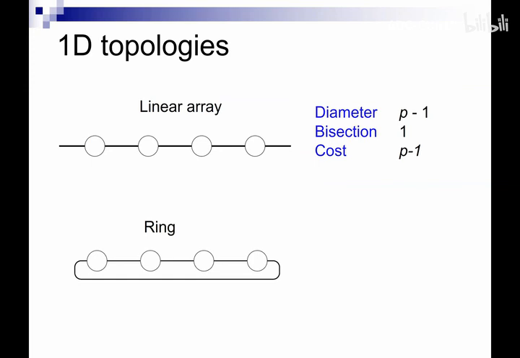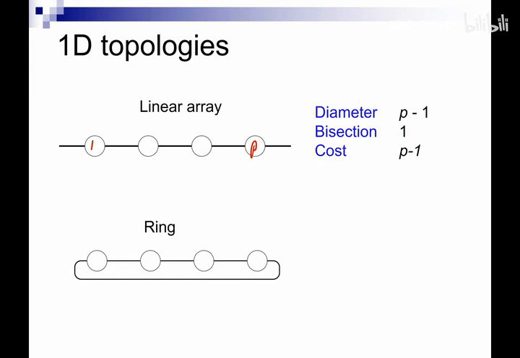The first topology is just a linear array. Suppose that you have p processors, and each processor is connected to its neighbors in this line. Then the diameter of this topology is just going to be p minus 1, because it takes you p minus 1 hops to get from the first processor to the pth processor.